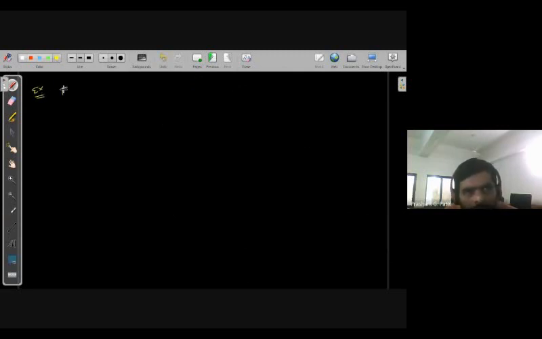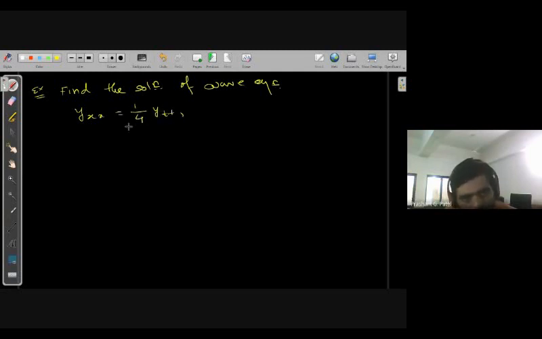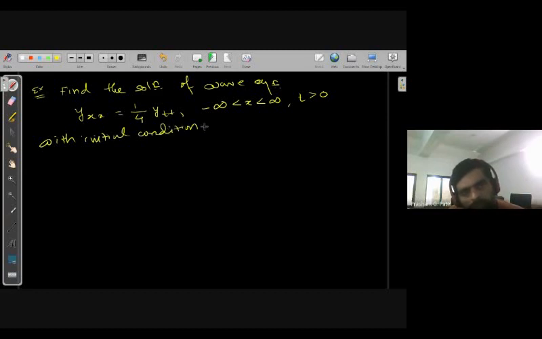For example, find the solution of the wave equation yxx is equal to 1 by 4 ytt, with the condition that x is between minus infinity and plus infinity and t is greater than 0, with initial condition that y of x,0 is x.